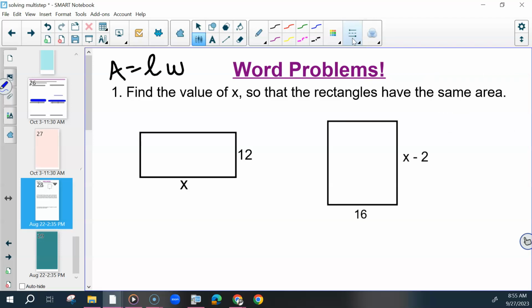If they have the same area, what operation or symbol could I write to say that this is the same as this?